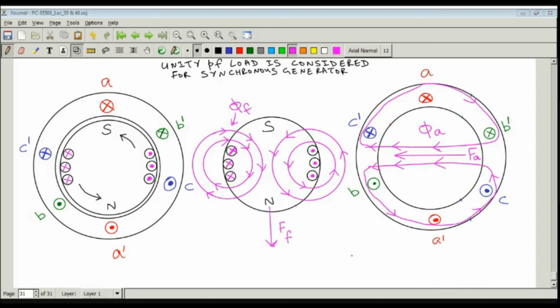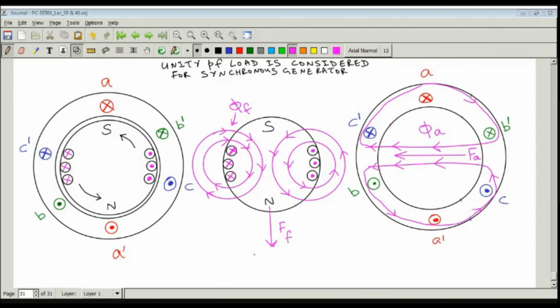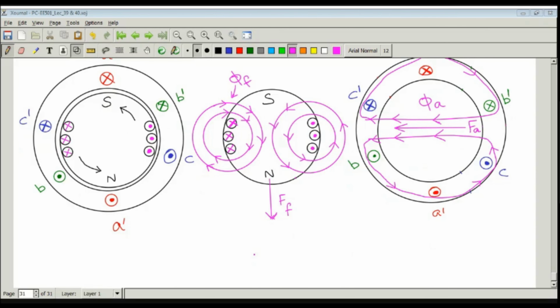Now you can easily make out that armature flux and field flux are in magnetic space quadrature. Even if you consider the orientation of field MMF and armature MMF in space, they are separated by an angle of 90 degrees electrical. That means the effect is cross magnetizing. Let me write these things in statement form.